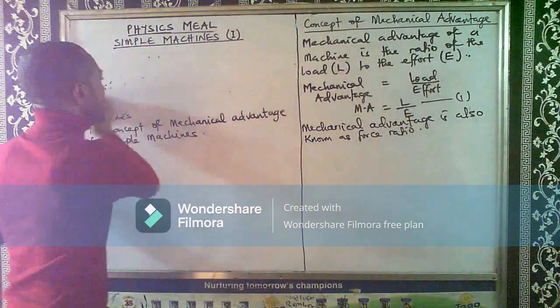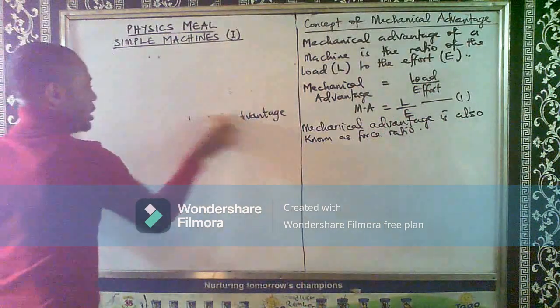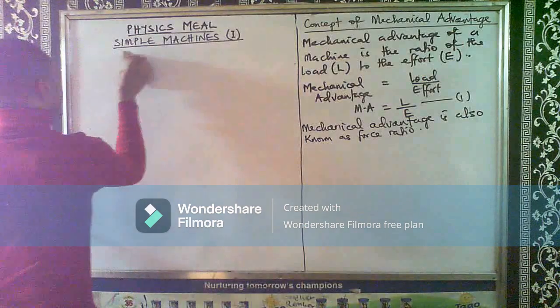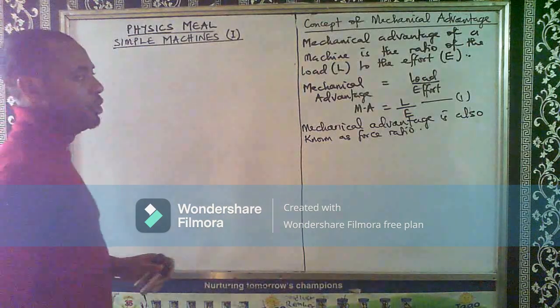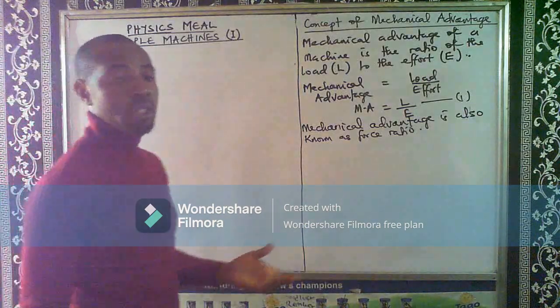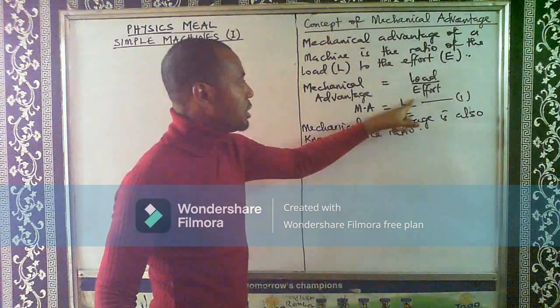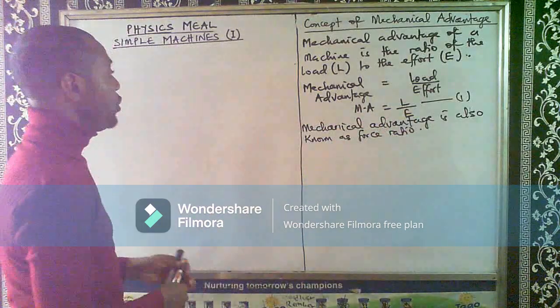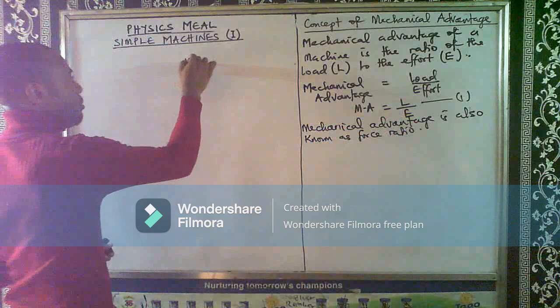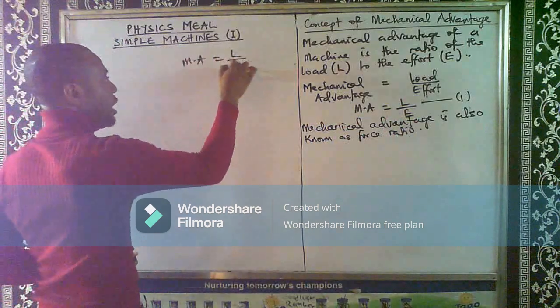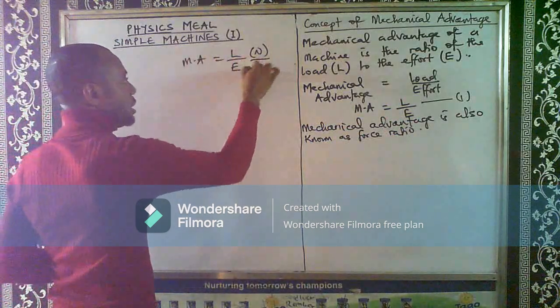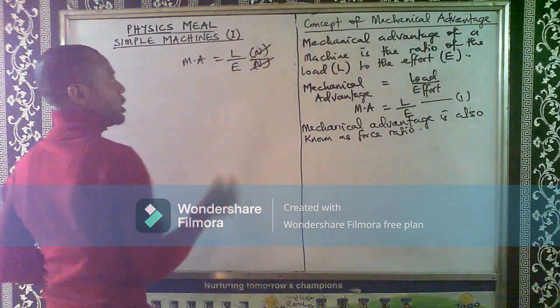I can take care of this side of the board. I believe we have taken down the objective. Now, mechanical advantage has no unit. What do we mean by that? It's dimensionless. You remember, load is a force and it's measured in Newton. So if we now have MA as load over effort, that's Newton divided by Newton. So it cancels out.